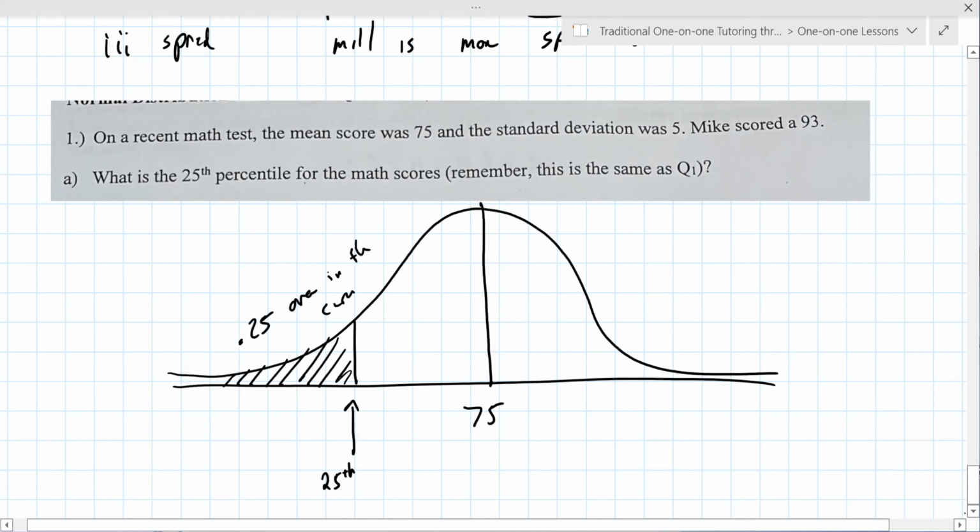Now, are you more comfortable using a table or your calculator to do this? Or neither at this point? I don't know. Okay. Let me show you the table method first. Do you have a table you've been using for these, Table A?